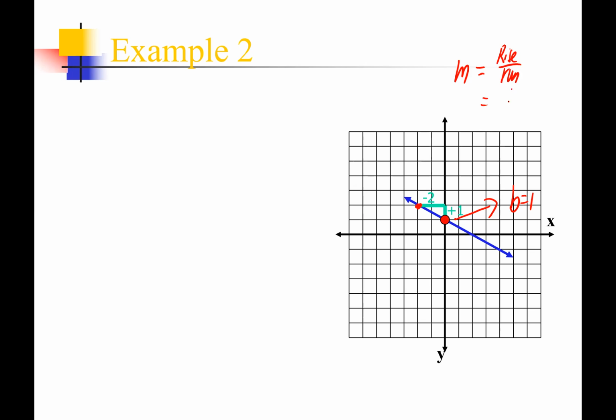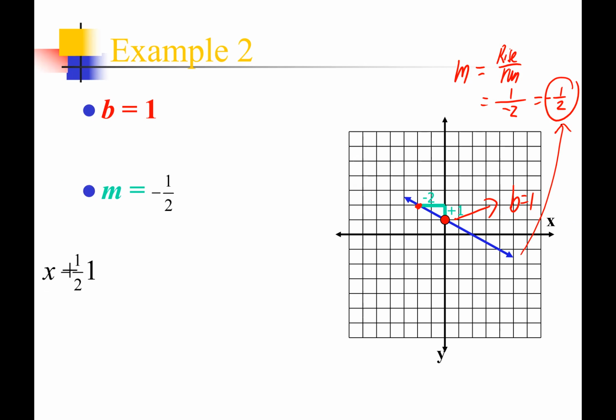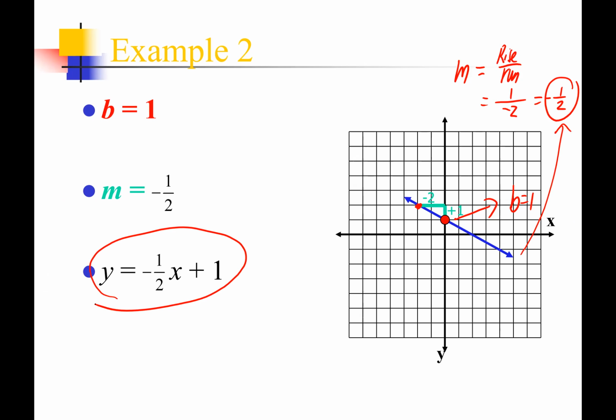Go up 1 is positive 1, right? Go to the left, it's negative 2. And the slope is negative half. As you can see, this is a decreasing line. That also matches with the slope. Okay, so y-intercept 1, slope negative half. Then the equation of the line is y = -1/2 x + 1.